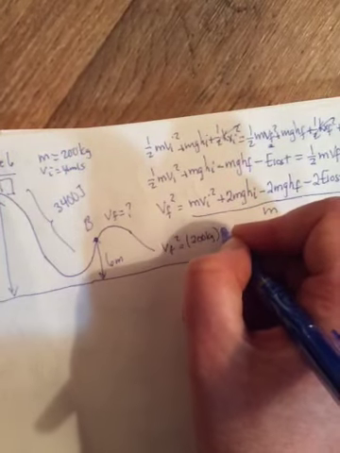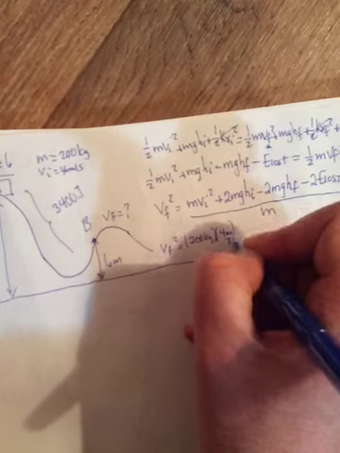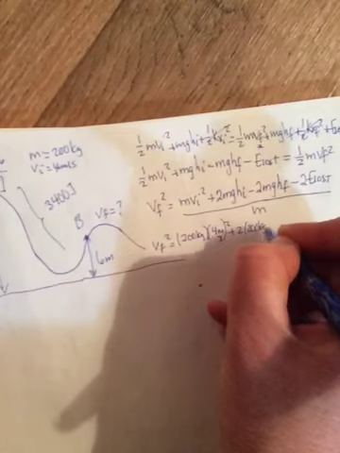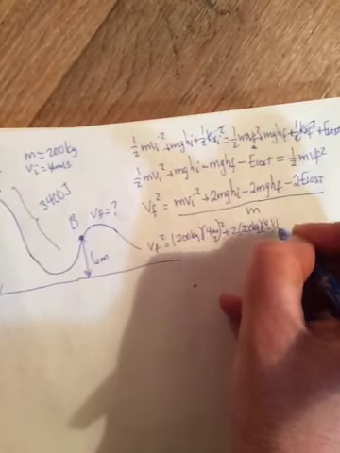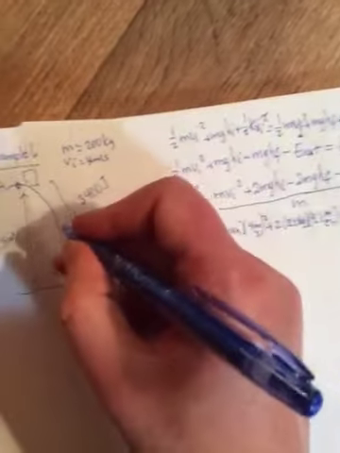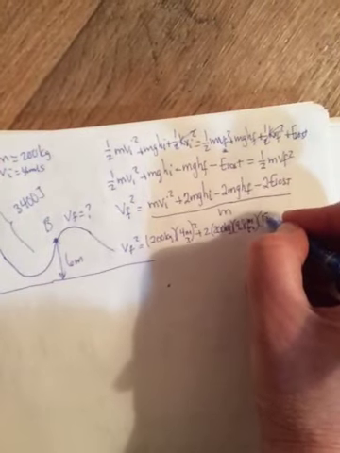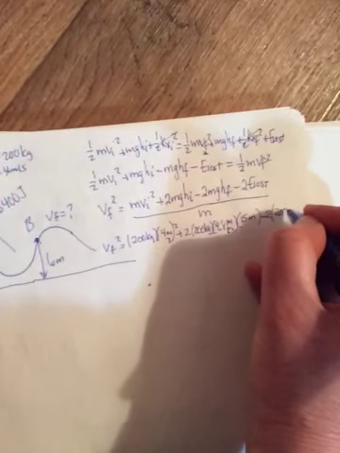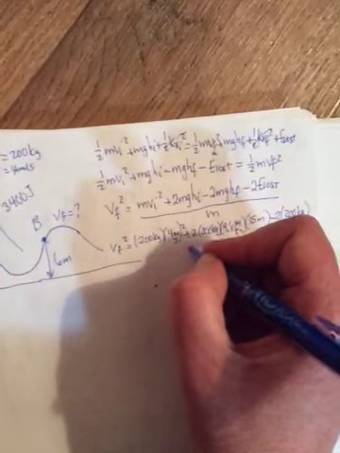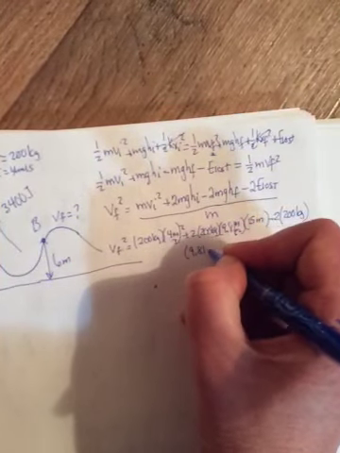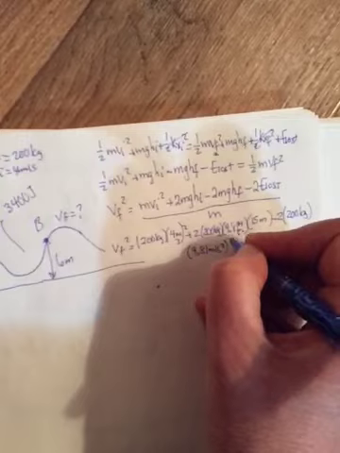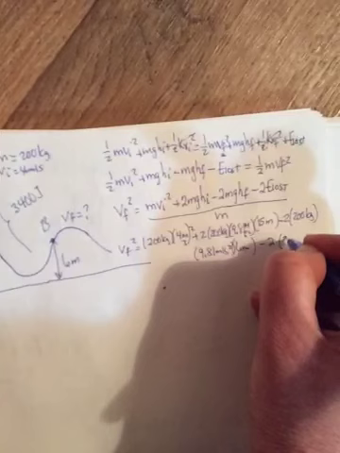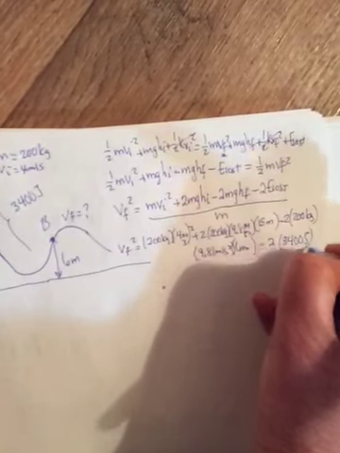V initial, 4 meters per second squared, plus 2 times 200 kilograms, 9.81 meters per second squared, and the initial height was 15 meters, minus 2 times 200 kilograms times 9.81 meters per second squared, final height 6 meters, minus 2 times E lost, 3,400 joules.